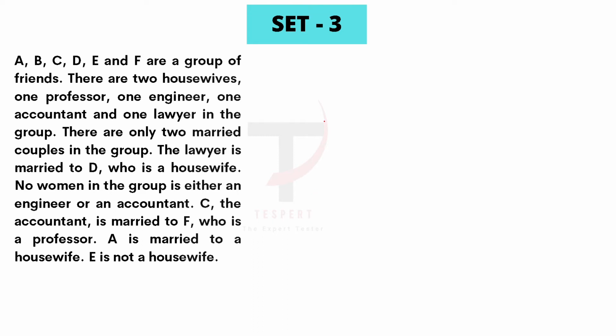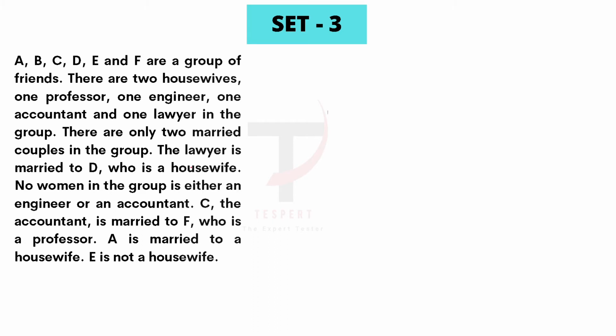2 are housewives, 1 is a professor, 1 engineer, 1 accountant, 1 lawyer. Okay, so there are only 2 married couples in the group. The lawyer is married to D, who is a housewife. Alright. So let us consider the straightforward statements first.